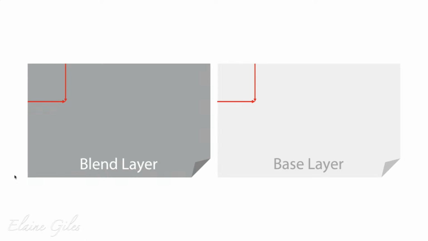But precisely, it's going to be a location of a single pixel on the base layer and the same single pixel in the same location on the blend layer. And then the formula, the blend mode, the maths of it all operates on those 2 values. 1 value from the base layer, 1 value from the blend layer, but we're talking about the value of an individual pixel, 1 from each layer.